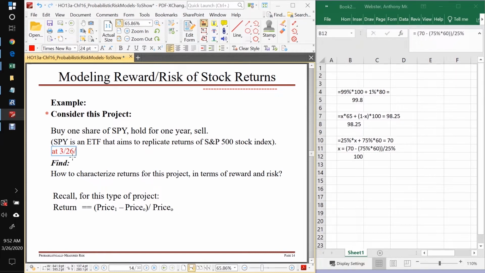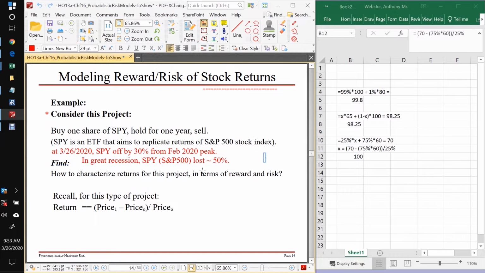And just to give you a little context, at 3/26/2020, SPY is off by 30% from its February 2020 peak. And in the Great Recession, the SPY and the S&P 500, of course, lost about 50%.